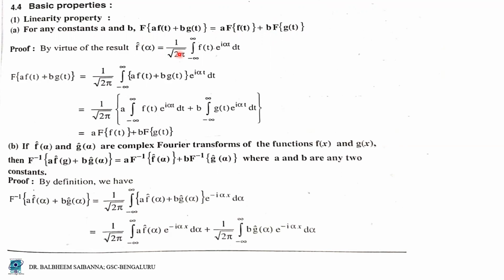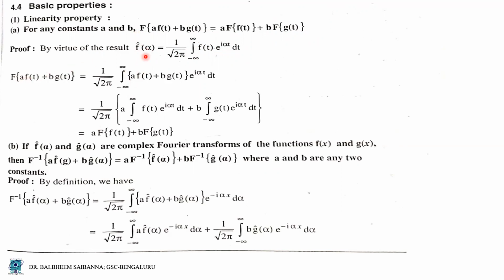By the definition of the Fourier transform, we get f cap alpha is equal to 1 divided by root of 2 pi, integral over the limit minus infinity to plus infinity, f of t e to the power of i alpha t dt. Here the same f cap alpha is there. As we know, in the previous one, f cap alpha we wrote as capital F of f of x.